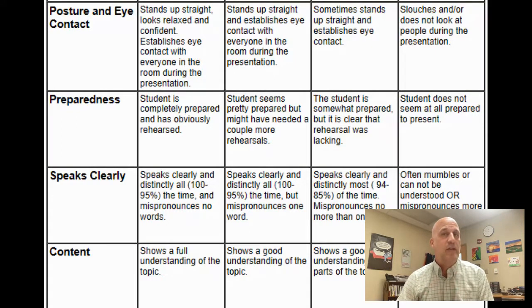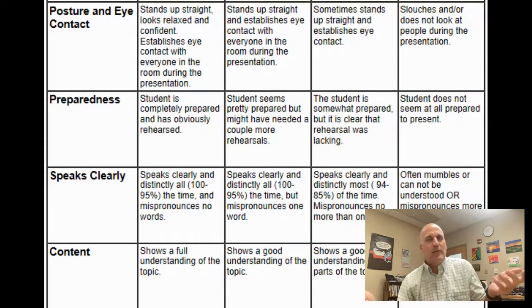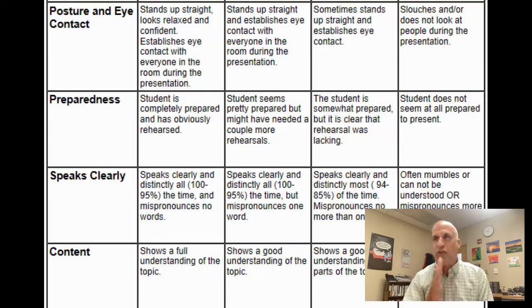And maybe it is, but often cases, if a student gets up and they're really prepared and they speak clearly and their content is amazing, if they slouch a tiny bit, I'm not giving them a B, or I'm not knocking them down for that. Or if they, and it says this here, establishes eye contact with everyone in the room. What if that kid is darting around? There's 30 people in the room.